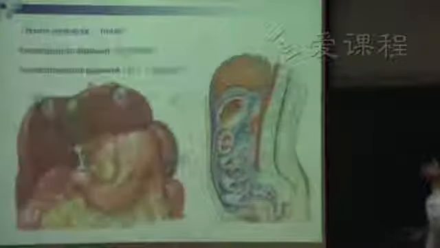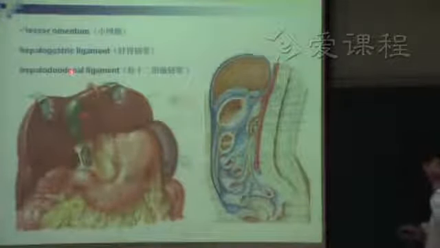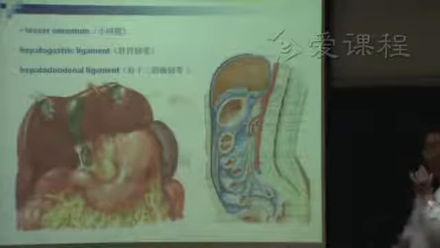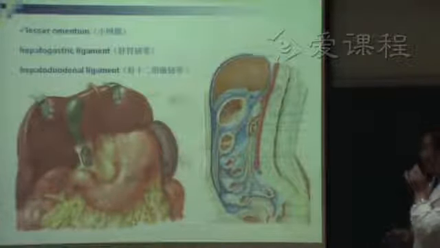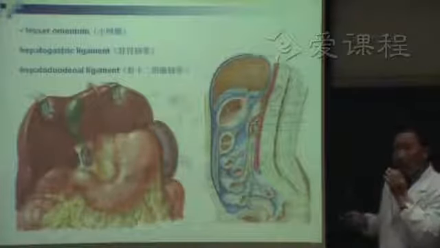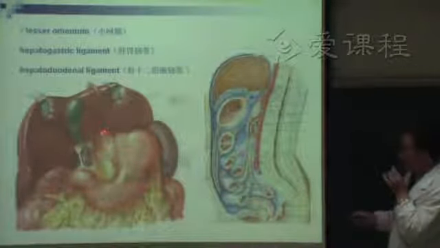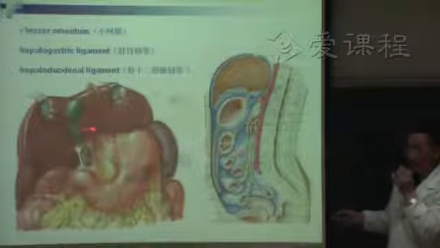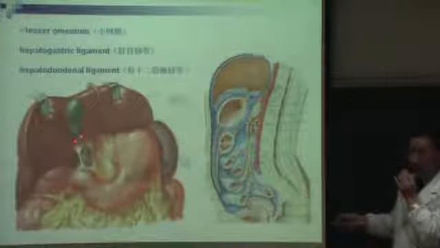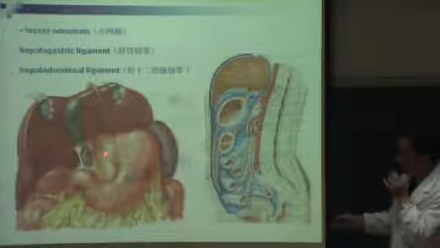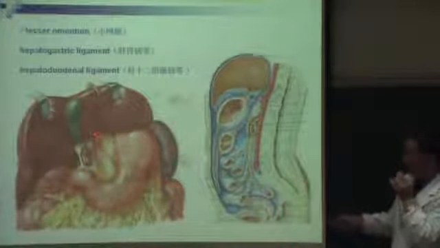Okay. Then the lesser omentum. What is the lesser omentum? The lesser omentum is a peritoneal fold stretched from the liver to the lesser curvature of the stomach.